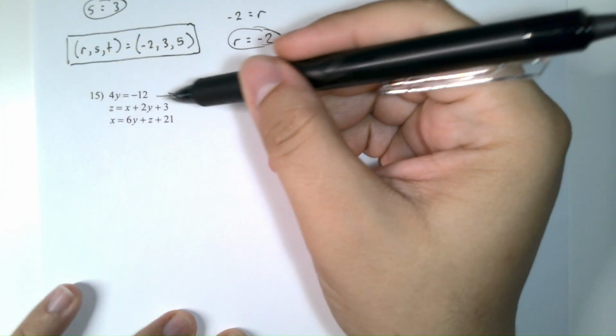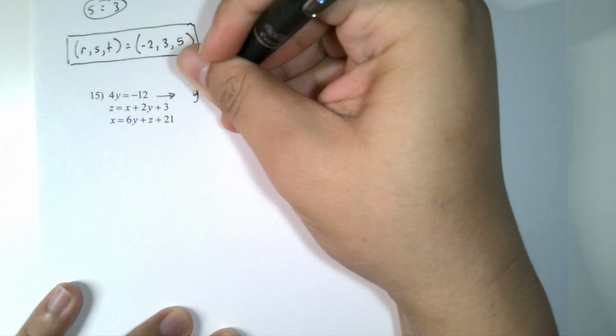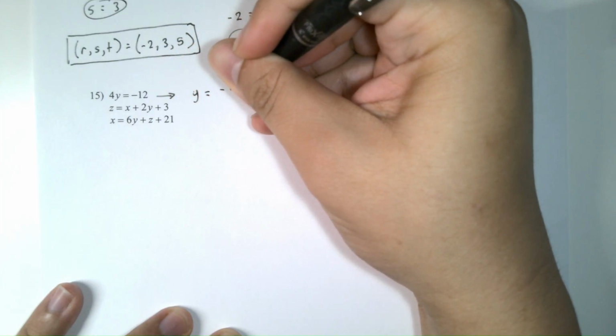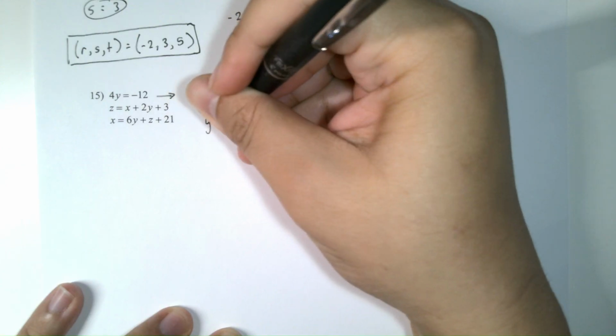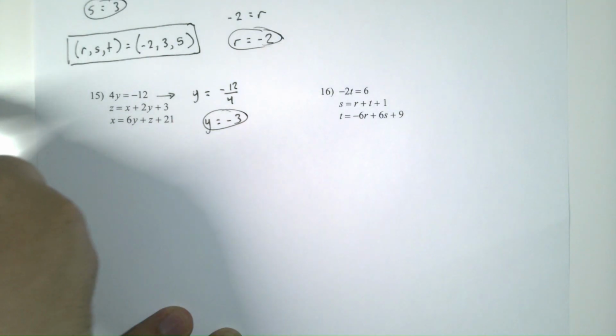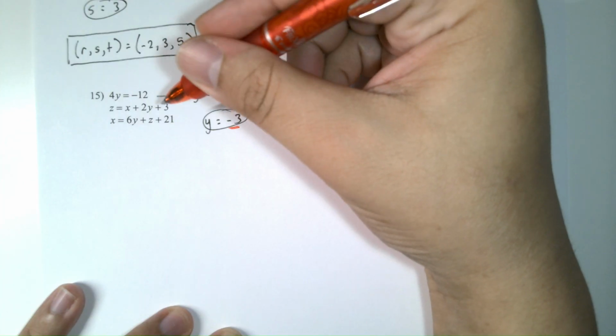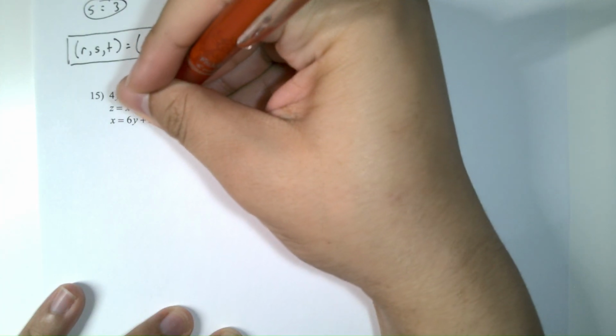We can get y by itself just by dividing by 4 on both sides. That's going to give us y is equal to negative 12 over 4, which means that y is negative 3. Now that we know that y is equal to negative 3, we can take this negative 3 and swap it everywhere we see a y in the other two equations. We have y there, we have a y there.